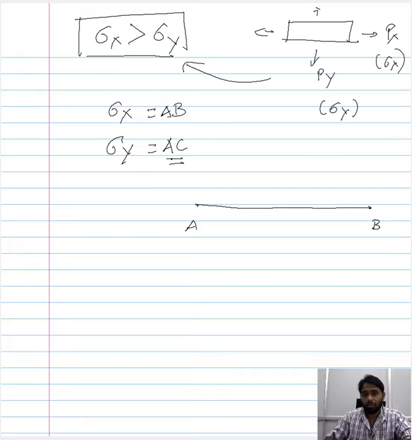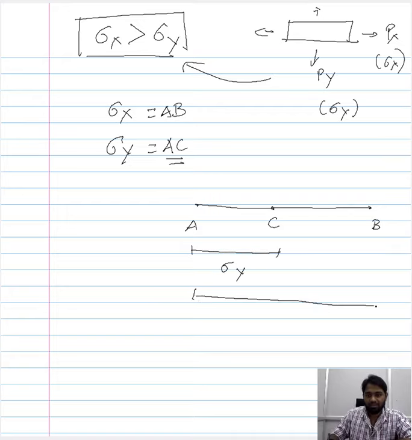So let us assume C is somewhere here. Ultimately you have AC that represents the stress along the y direction, and AB that represents the stress along the x direction. I hope you are clear here.